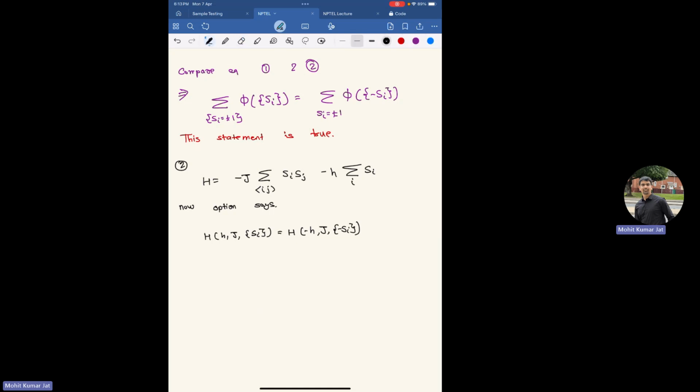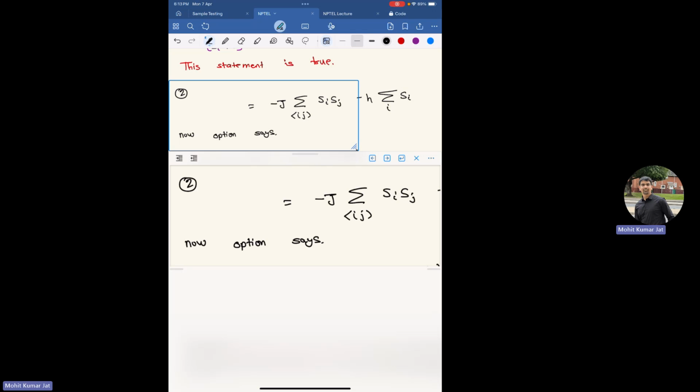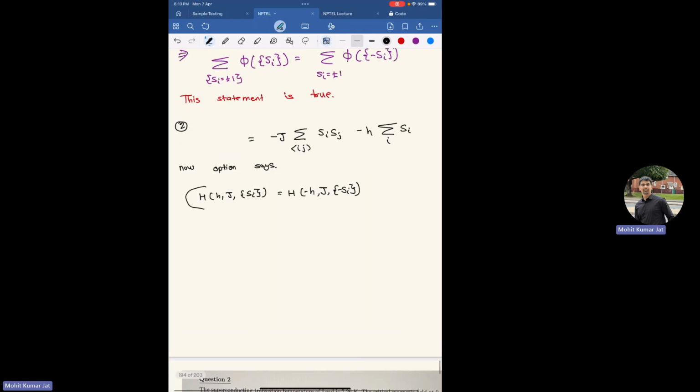So this is already a function of h, J, Si, so I will just write it here. This H is already a function of these, copy and then paste. Now let me call this equation number 3.